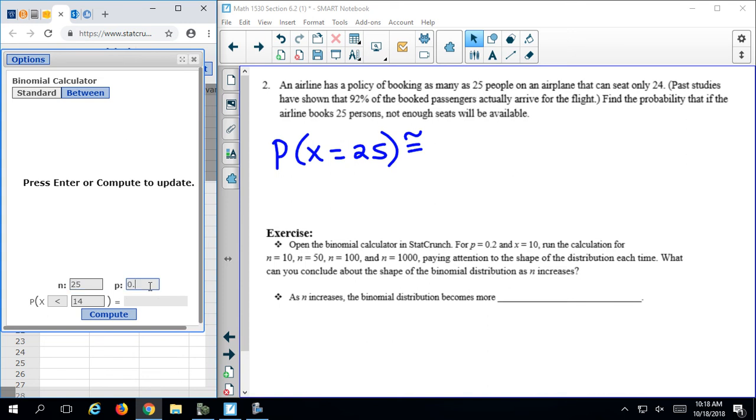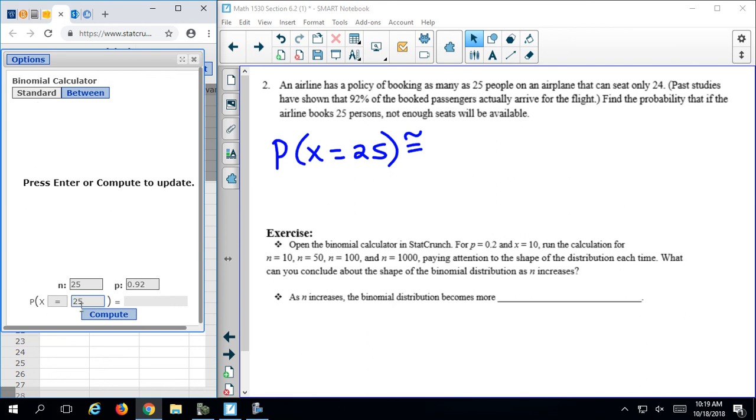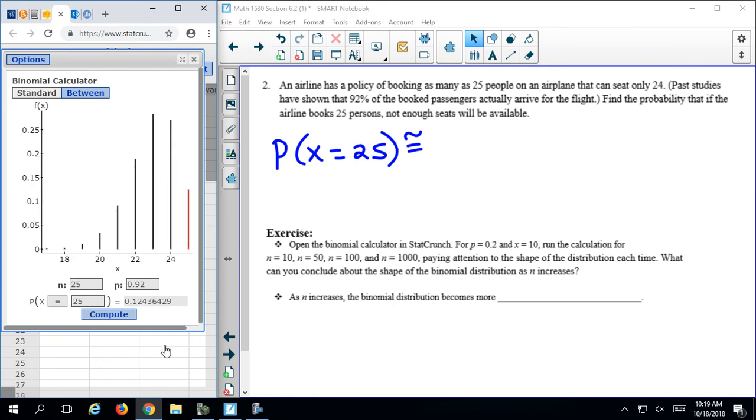The probability that each passenger shows up is 0.92. That's p. And I want the probability that the number of successes is all of them. So 0.1244, or 12%.